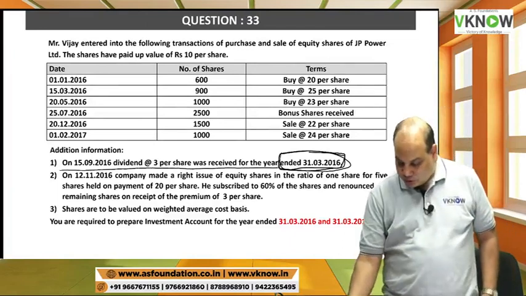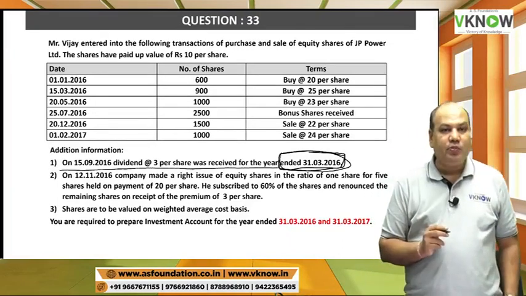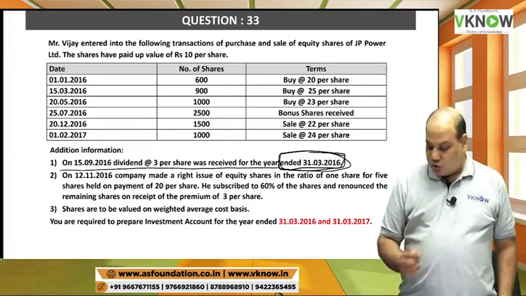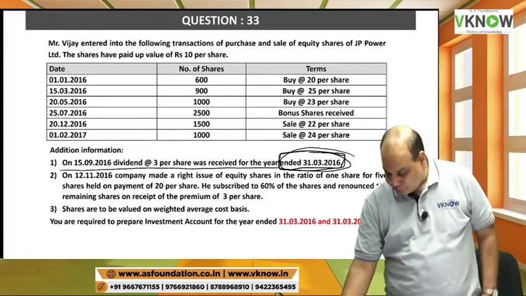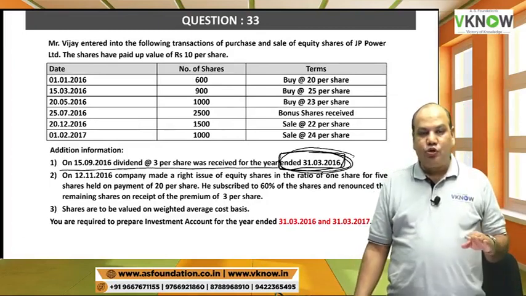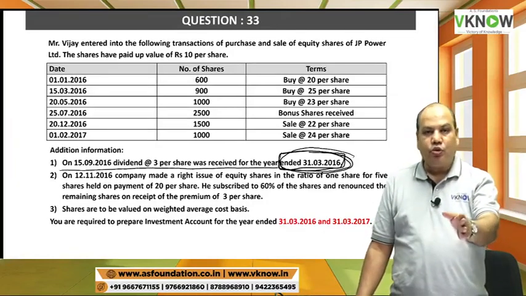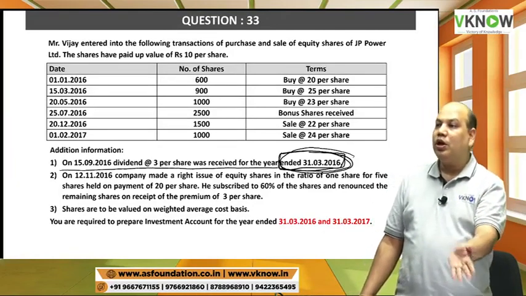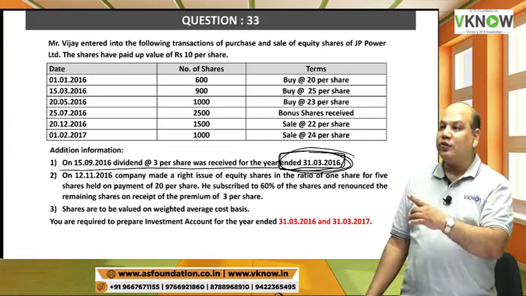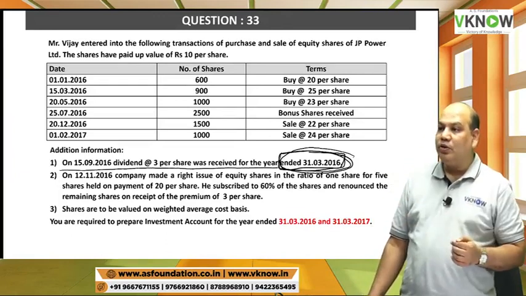On which shares will dividend be paid by the company? Those shares which have been issued on 31st March 16. Those shares which were issued after 31st March 16, dividend will not be paid on those shares.